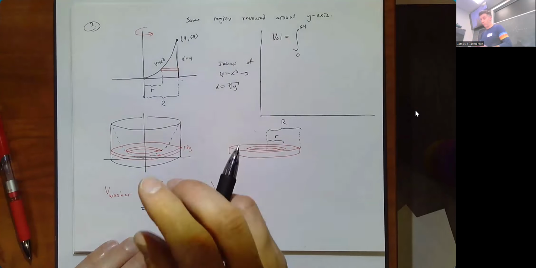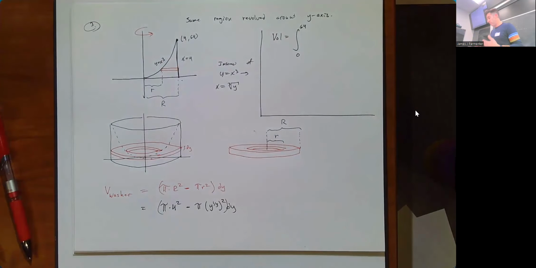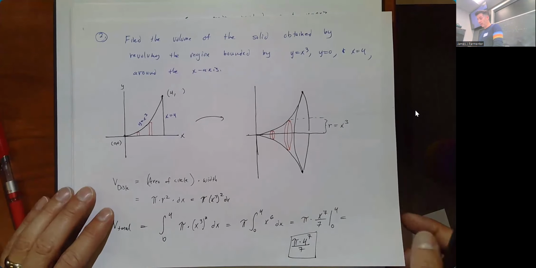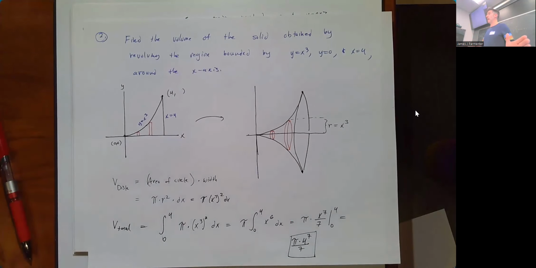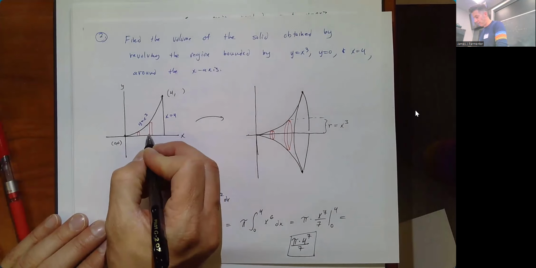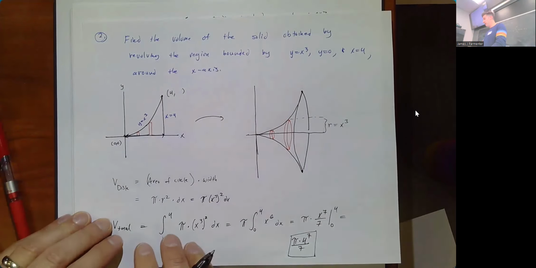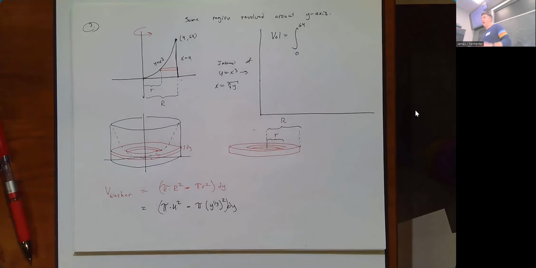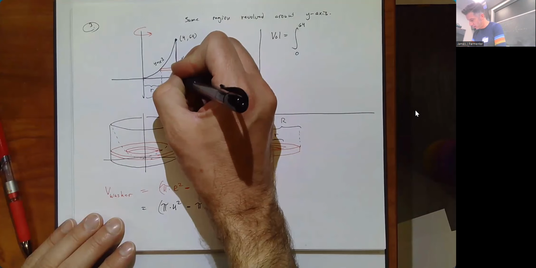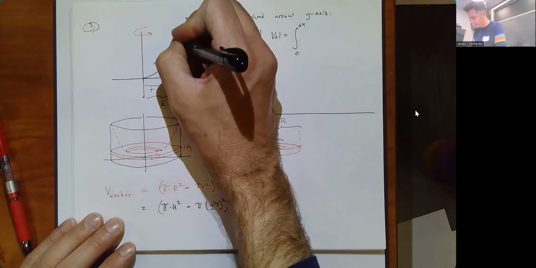So when I think about drawing this picture and finding limits of integration, if I have drawn a vertical strip, I think about how far left or right that strip can slide. I can move it as far left as 0, as far right as x = 4. If I have drawn a horizontal strip, I think about how far up and down that strip can slide. As far down as 0, as far up as 64.